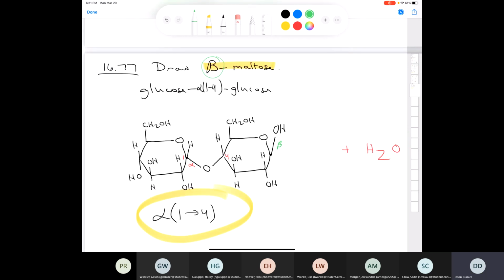Anyhow, because I've assigned some other problems in the book where you have to draw some disaccharides. We also looked at lactose and sucrose. I'd never ask you to draw sucrose, but we did look at maltose and lactose, so I would expect you to be able to draw those. And just to put this bug in your ear, for people in Group A on April 12th, and for people in Group B on April 19th, we're going to do a wet lab, which is the amines and amides lab, but we're also going to do a dry lab, which deals with just carbohydrates.